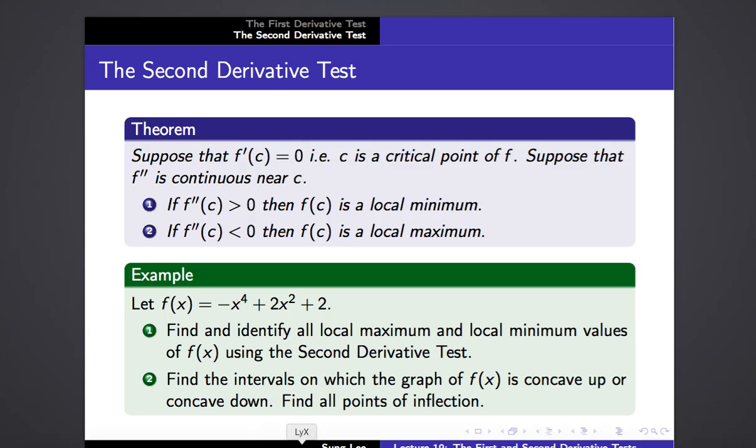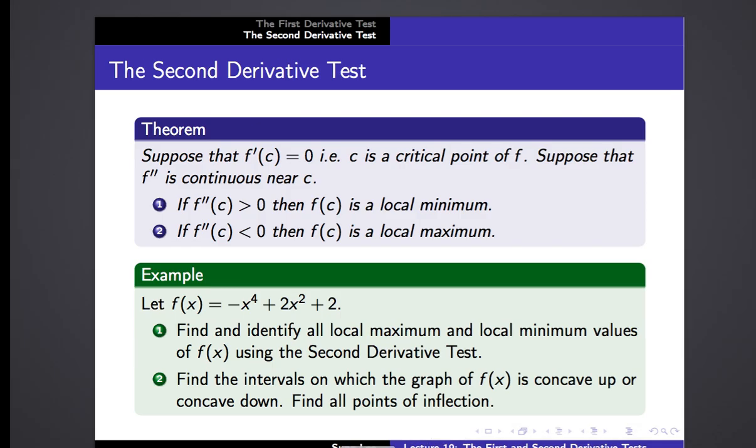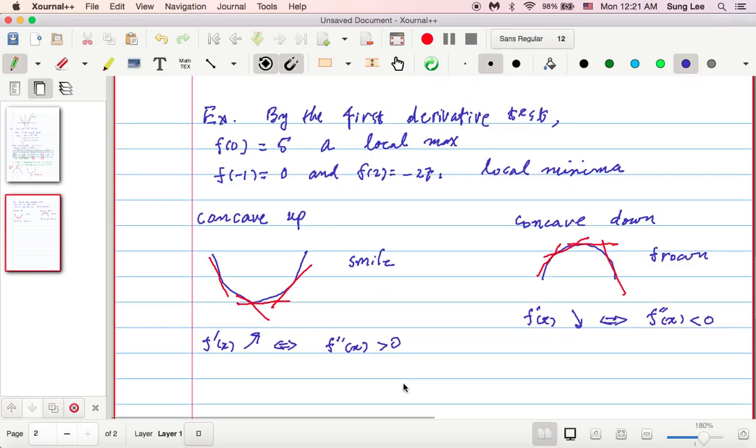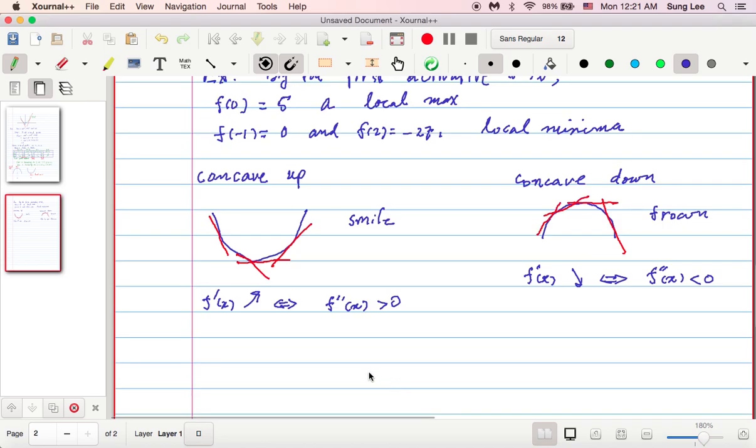Let me go back to the crude picture I used, those two pictures. So this is where the critical point is, c, where f prime of c equals 0.